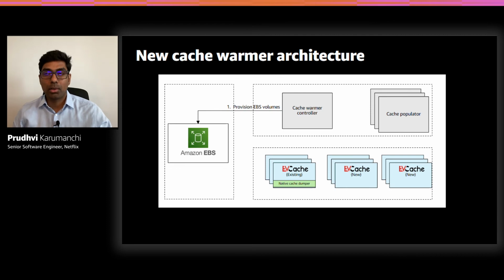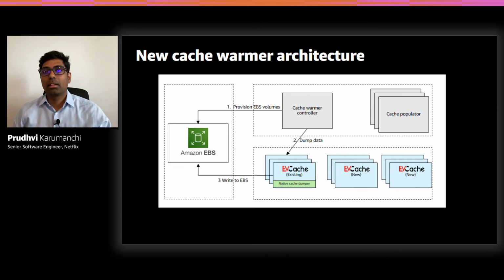The cache controller, which is the orchestrator, provisions the EBS volumes. It will create one EBS volume per source instance, and attach it to the source instance and also to the cache populator instance. The controller will instruct the EVCache server instances to say, hey, go ahead and dump your data.